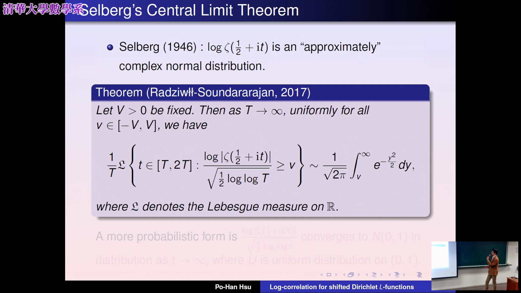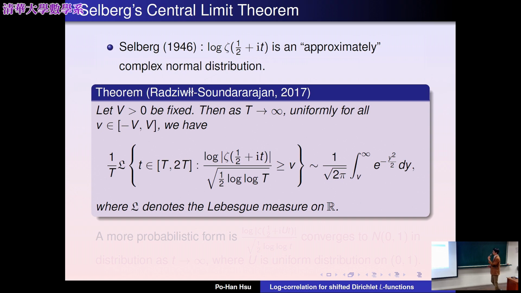The left hand side will go to this, and this is the density function of the normal random variable. So that's why it is called the central limit theorem, because on the one hand we have a distribution of something, on the other hand this distribution converges to a normal distribution.